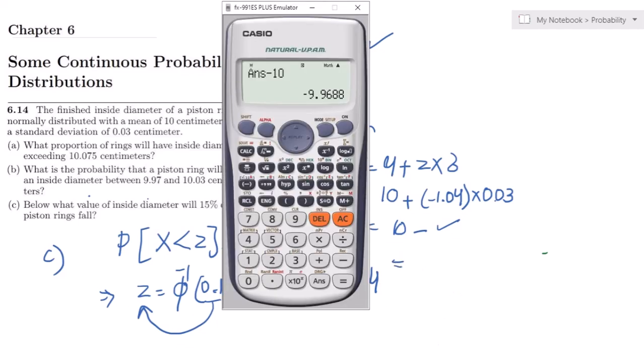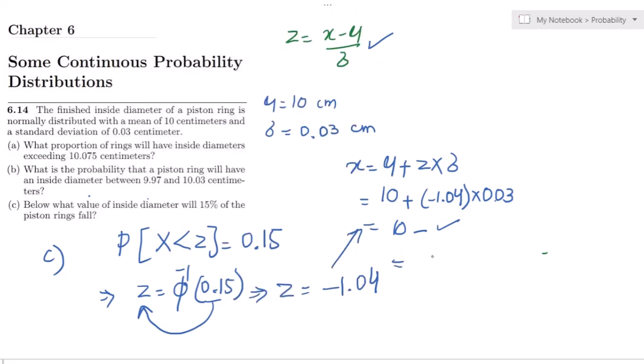So the overall answer is 9.97 centimeters, which is the diameter below which 15% of the piston rings fall. That is the solution of part C of my question.